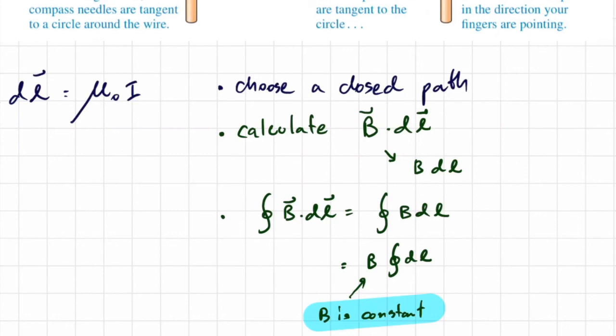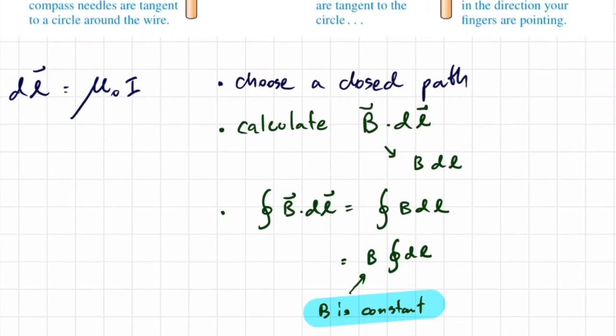The direction has to go around in a circle, so at different points on the circle it points in a different direction, but the magnitude is the same. The dot product already takes care of the direction, so we only need to care about the magnitude here. So I can take B out.